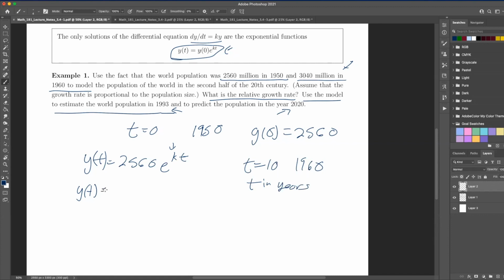So I know what that is, right? So y of 10 is equal to 3,040, which is equal to 2,560 e to the k, which I do not know, times 10.